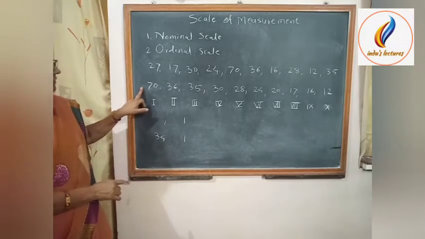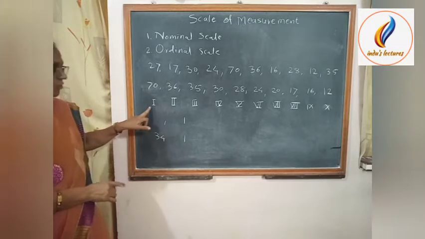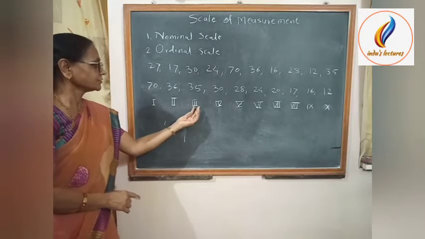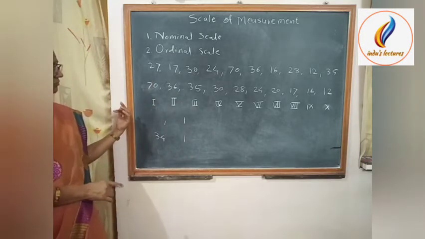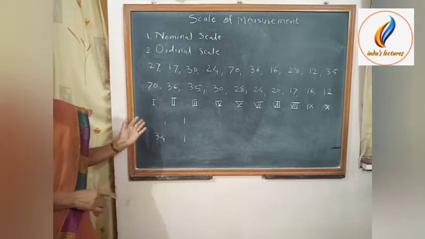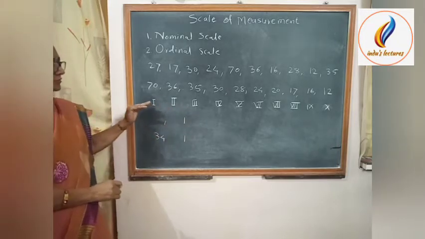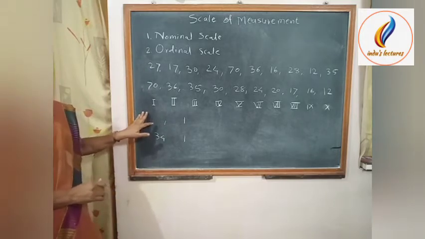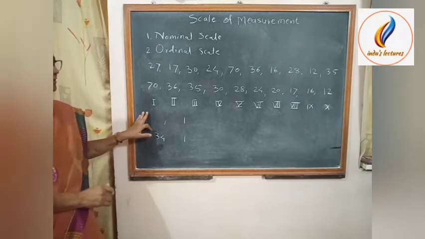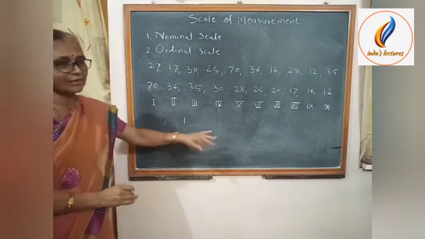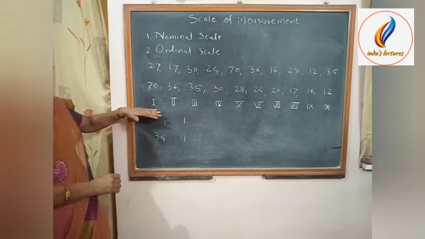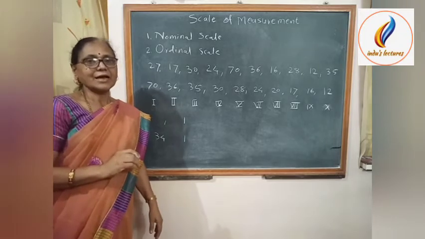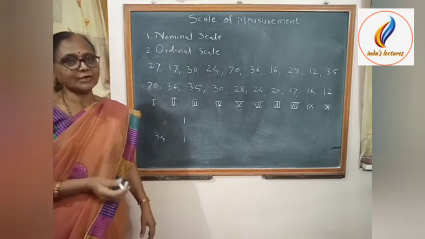We cannot say that the first rank holder student is twice as clever as the third rank holder, because it has no real zero. So in ordinal scale only addition and subtraction is permitted, other mathematical operations are not. Such a scale is used in calculating median, percentile and the rank difference coefficient of correlation.